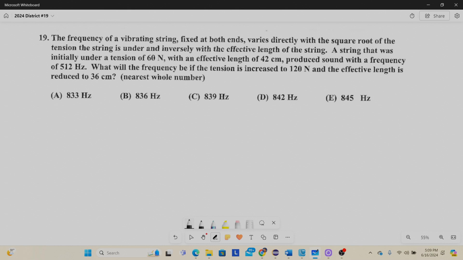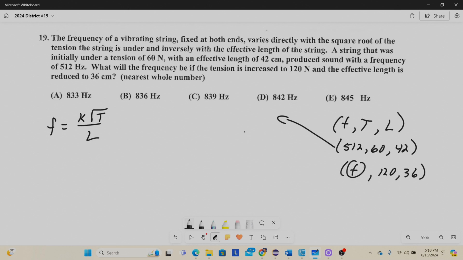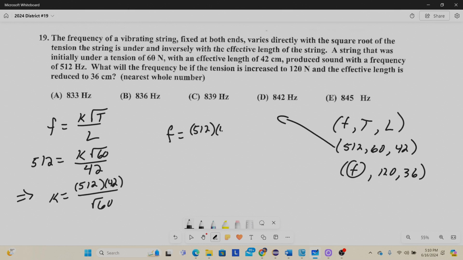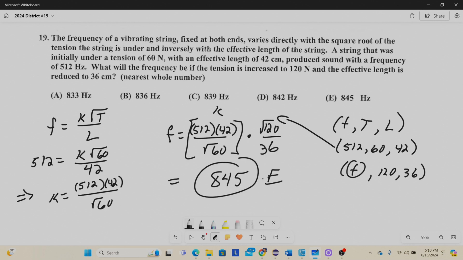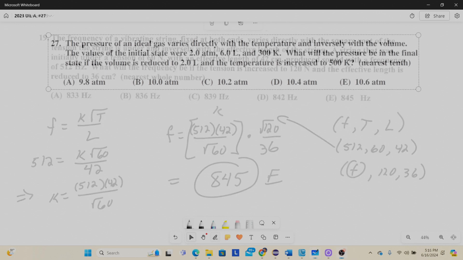What will the frequency be if the tension is increased to 120 newtons and the effective length is reduced to 36 centimeters? Okay, so this would be a good time to pause. I'm going to go ahead and fast forward through my work and see if your work agrees with mine. And so the answer is E once you plug it into the calculator.